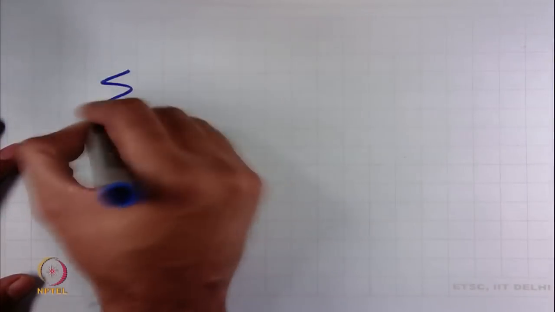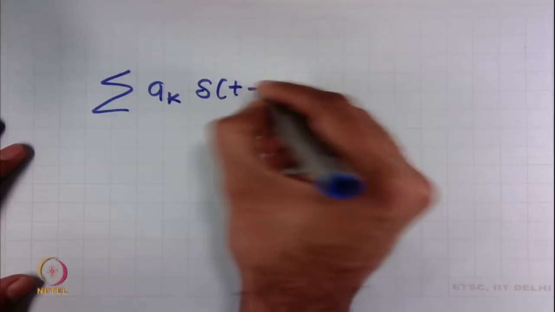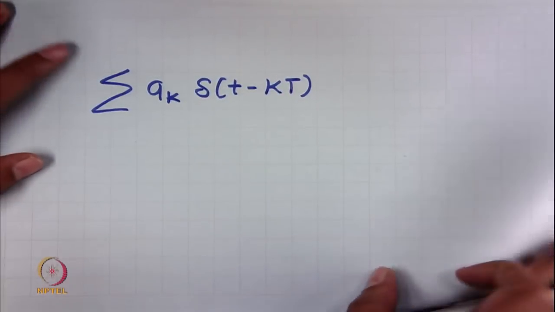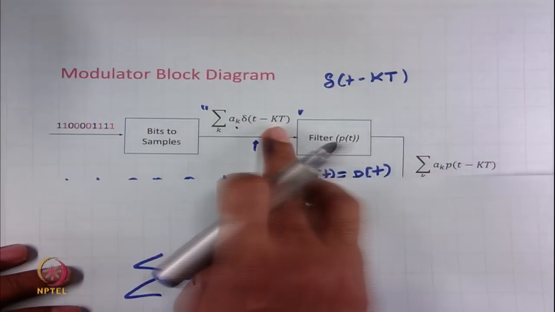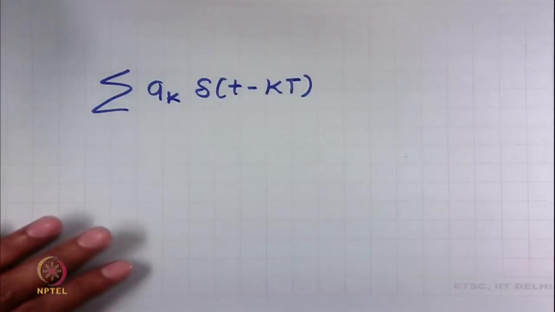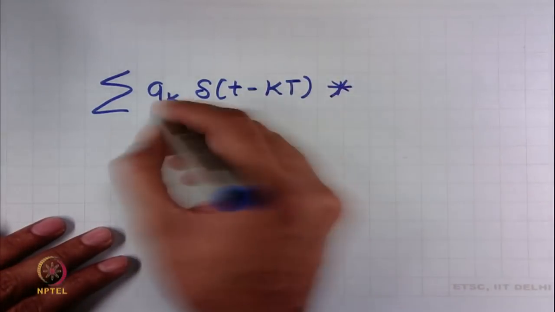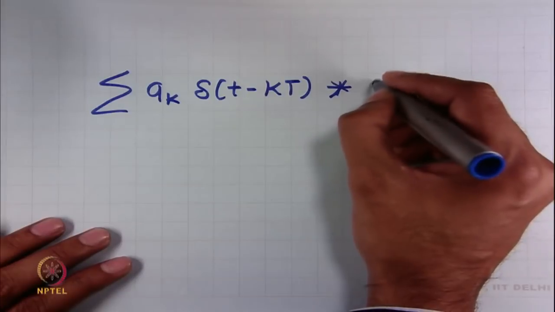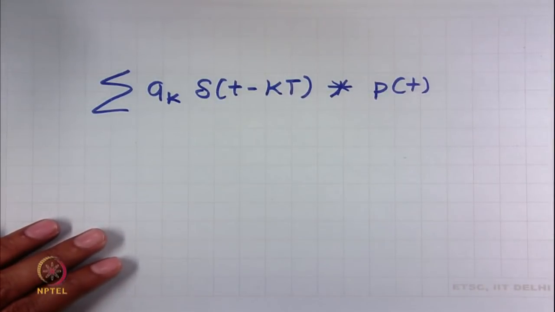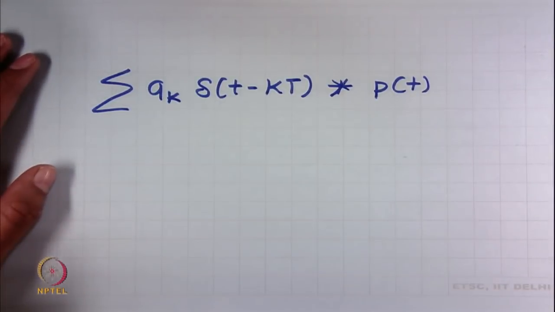If you have a weighted impulse train and you want to find out what happens to it when it passes through a filter with impulse response p(t), you can easily obtain the output by convolving this weighted impulse train with the impulse response of the filter, which is p(t) in this case. The output of this convolution operation is simple.